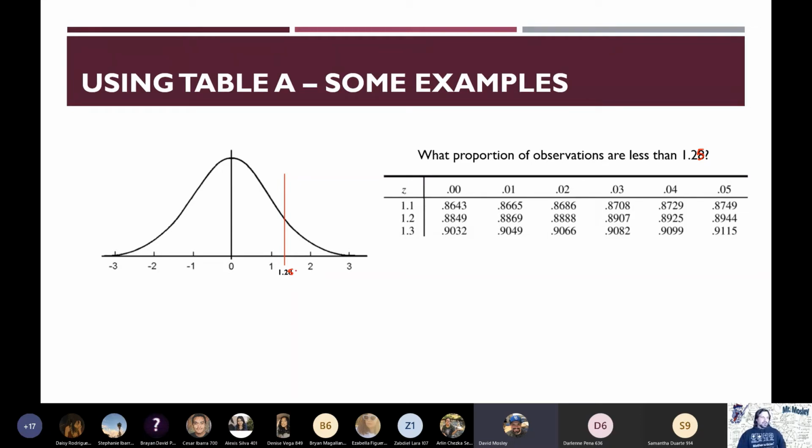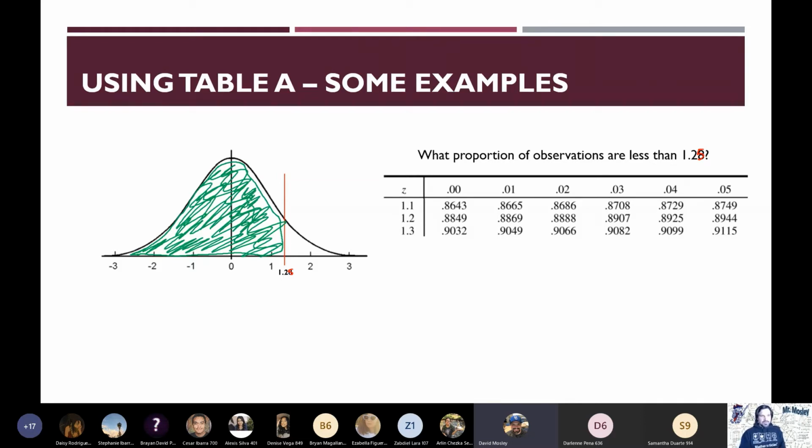All right, so now I want to know what proportion of observations are less than 1.25. So again, I'm looking at the area under the curve, that is all this to the left of z equals 1.25. And all this area here, I want to know what proportion that is.